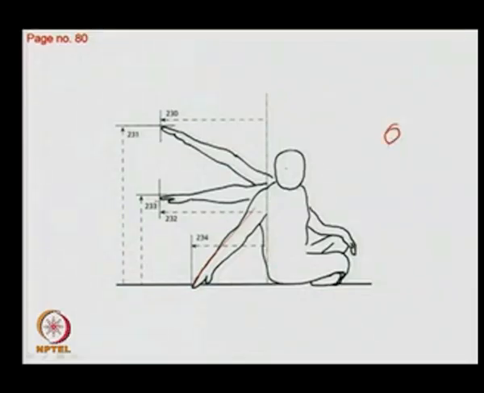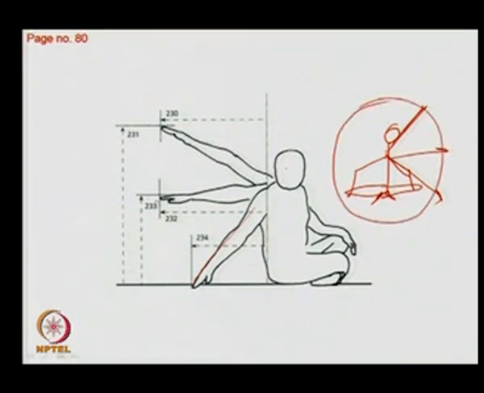If a person sits like this, then what happens? From the top where he can touch, bottom he can touch, center he can touch, sidewise, frontwise and backwise. By that way, we can make a total volume like this, total work volume like that.